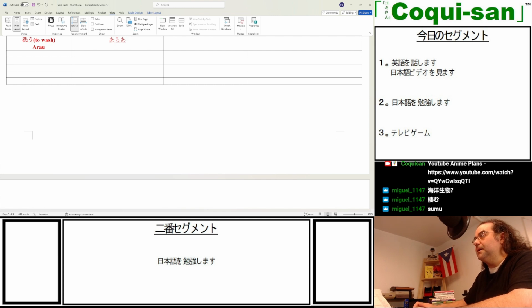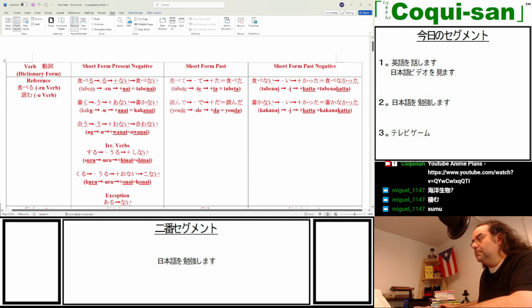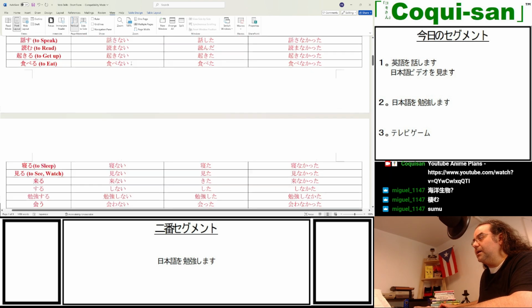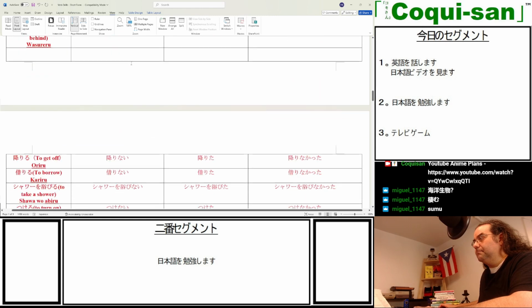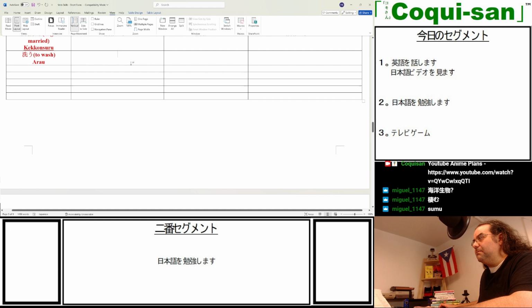Oh, I keep misspelling nine here. There we go. Ara. Let's refer to my notes up here because it's not giving me. Yeah, so I am correct. It is aranai. But what am I missing here?